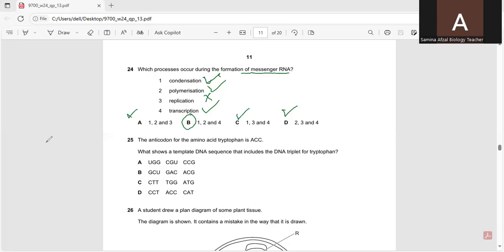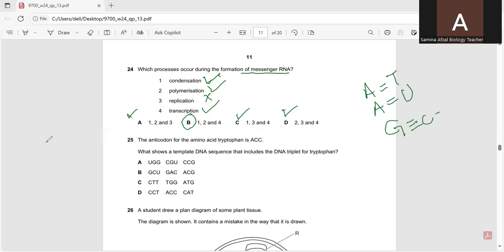You can see uracil, guanine, guanine, a pair. Adenine always pairs with thymine, but in RNA, adenine always pairs with uracil, and guanine with cytosine.